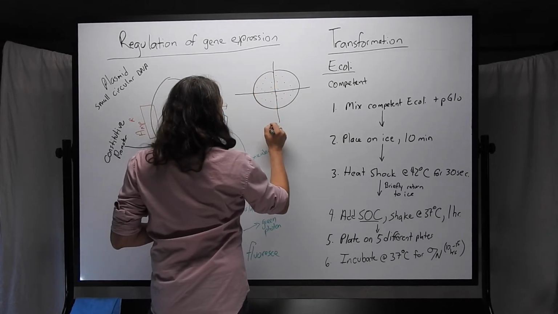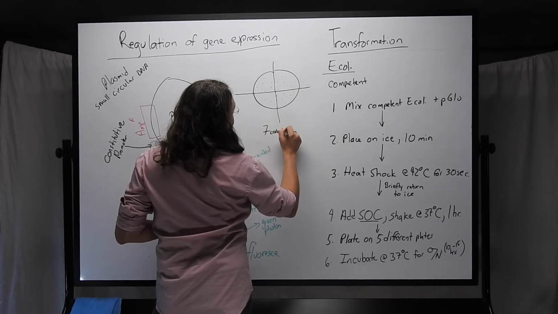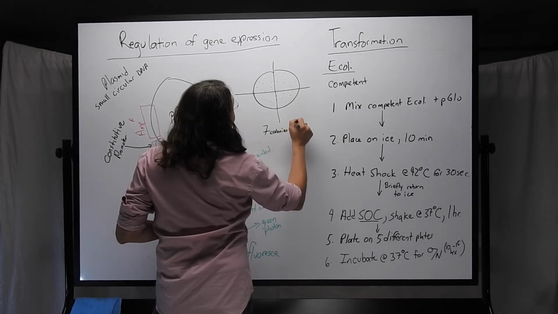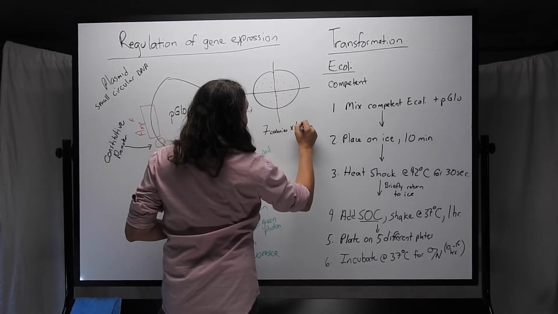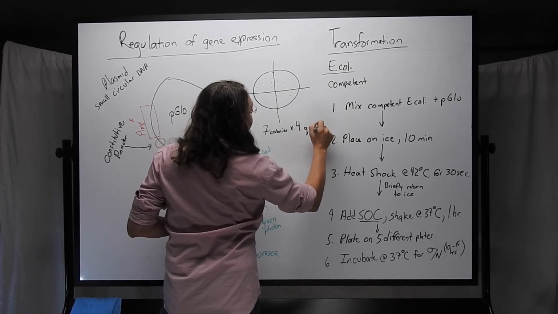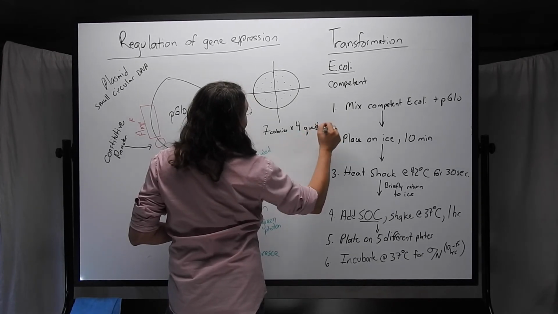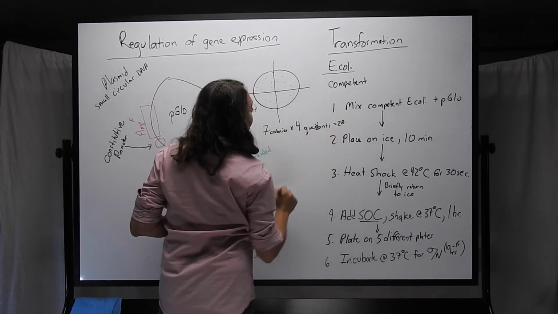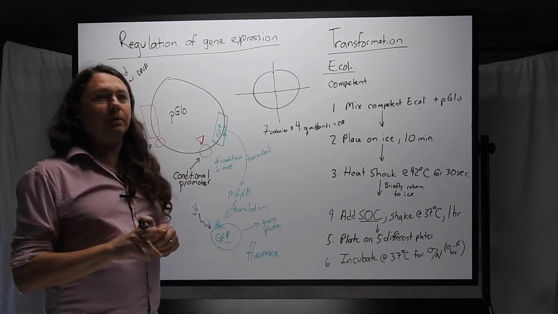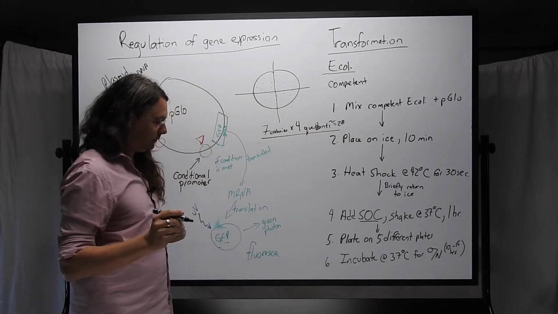And in your notebook, you would record 7 colonies times 4 quadrants equals 28 colonies. Okay. So that's what you will record in your notebook in this way, so that you know that this number is an estimate.